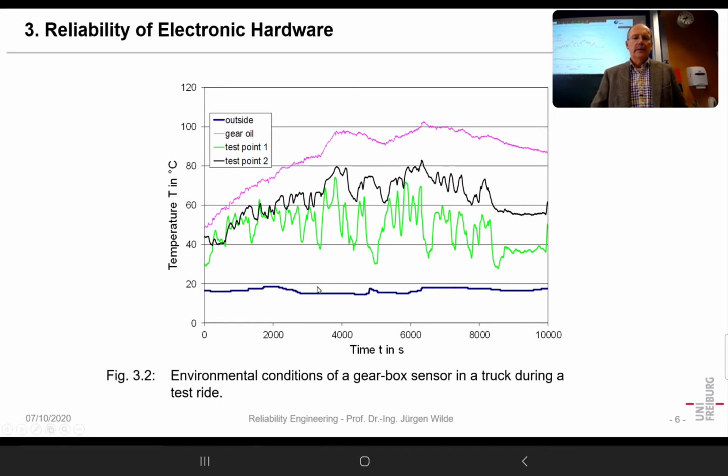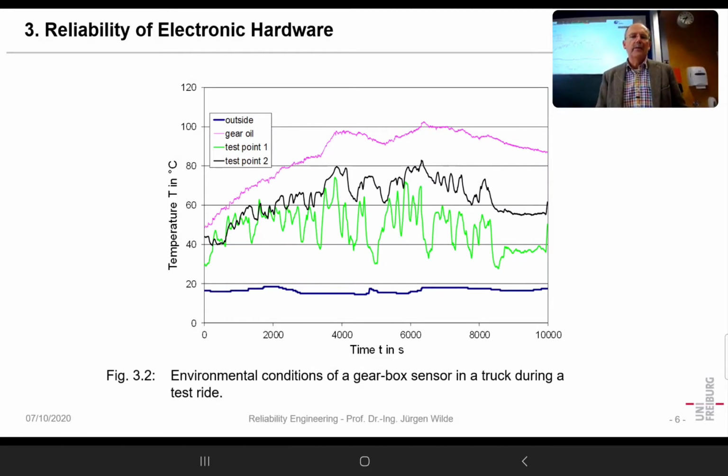Interesting is also here that, I think that measurement was made in March or April. The temperature changes, and that was because they made that test drive through the Black Forest. So if you are lower in the Rhine Valley, it's warmer, and every 300 meters you go higher, the temperature decreases by roughly 2 degrees.